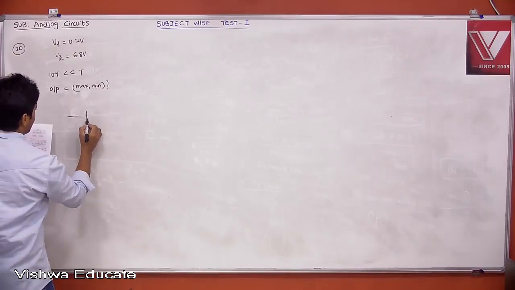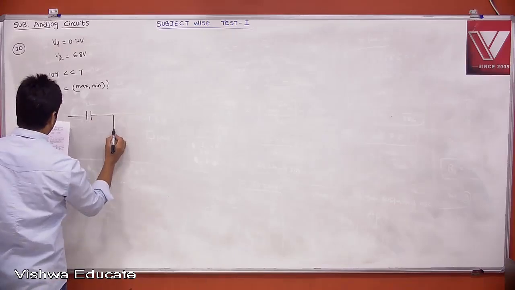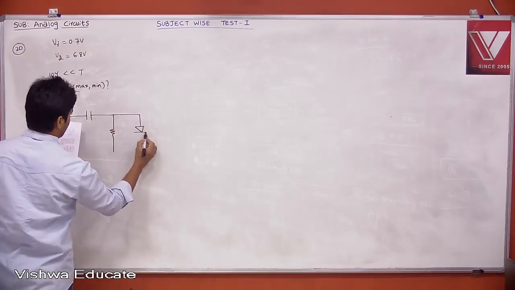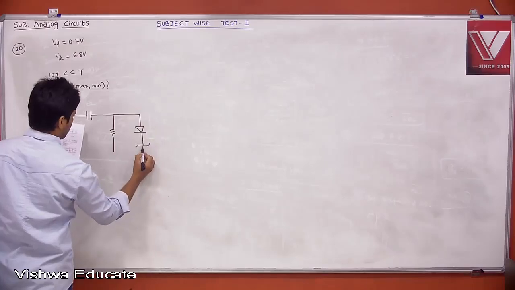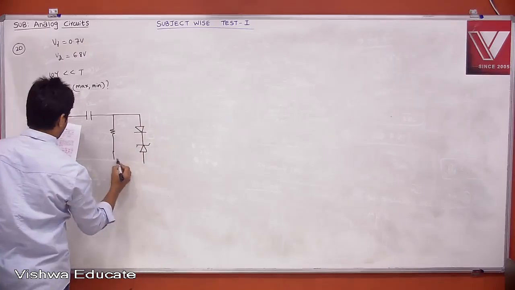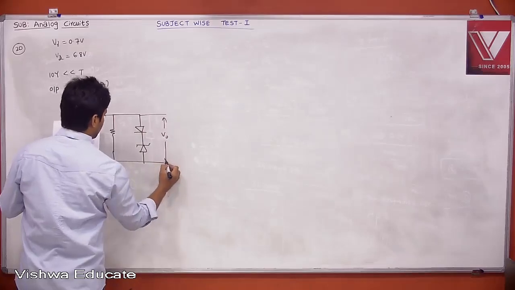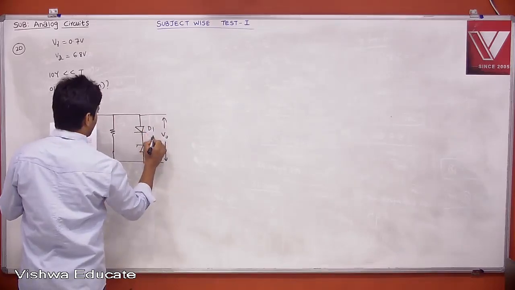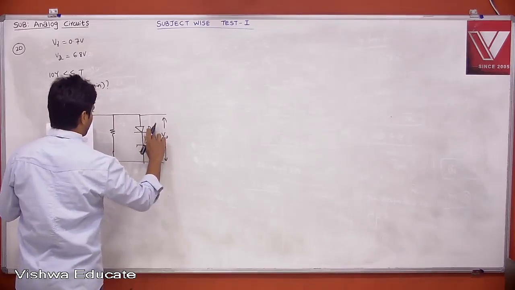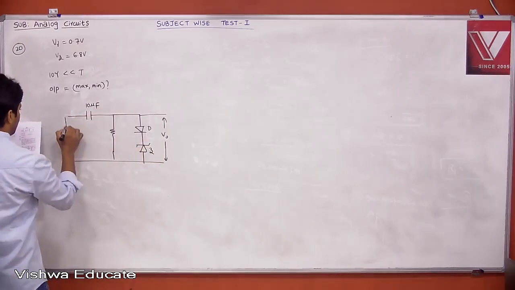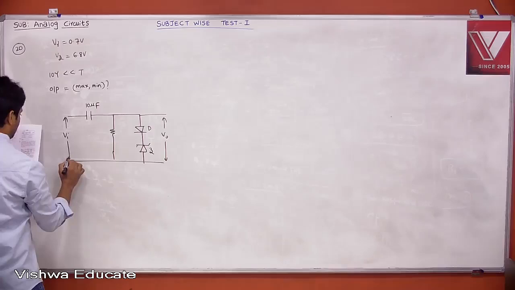The problem, remember, is nothing but a clamper. This is your V0. Diode D1 and Zener diode, and then this is 10 microfarad, and this is your VI.